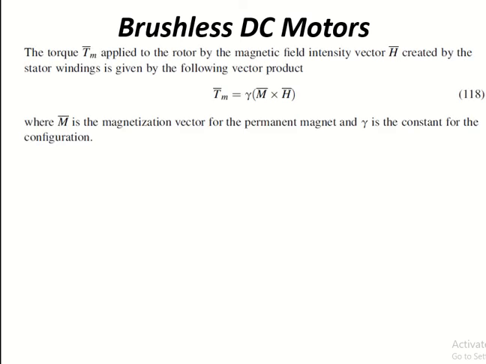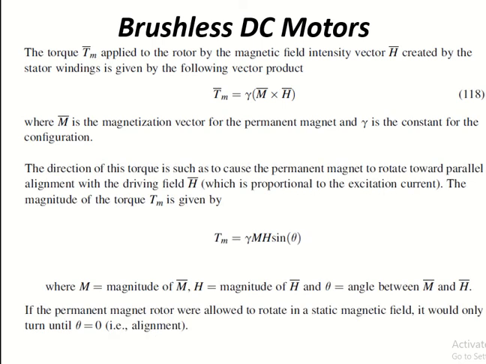So the torque equation is given here. The torque applied to the rotor by the magnetic field intensity vector H created by the stator winding is given by a vector product, where M vector is the magnetization vector for the permanent magnet and gamma is the constant for its configuration.